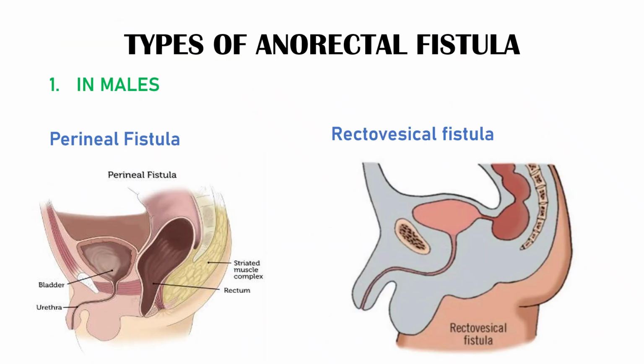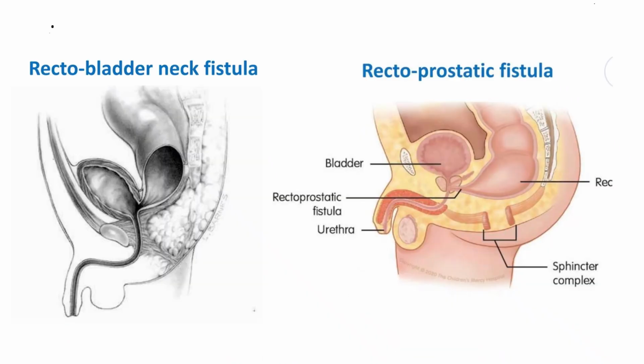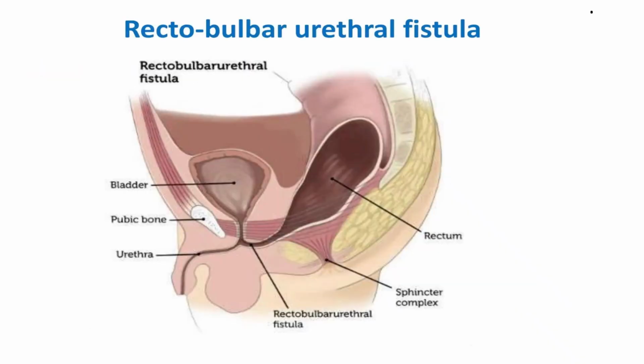Types of anorectal fistulas: in males, they can be perineal fistula, where the rectum is opening into the perineum, or rectovesical fistula, where the rectum opens at the bladder base or neck, or it can be rectobladder neck fistula, or rectoprostatic fistula, where the rectum is opening into the prostate, or rectobulbar urethral fistula.